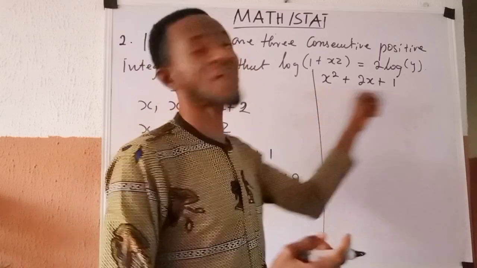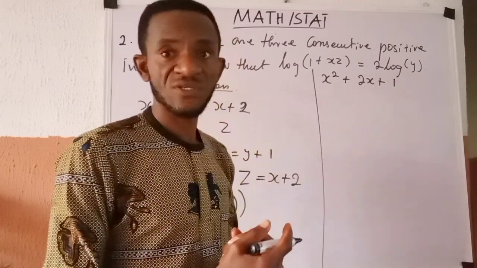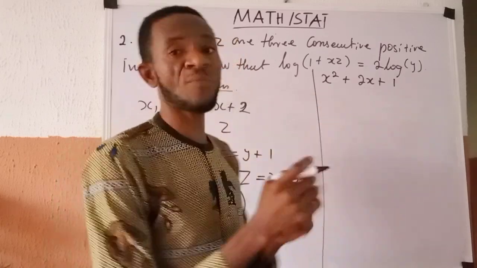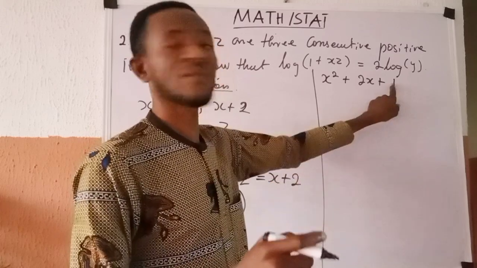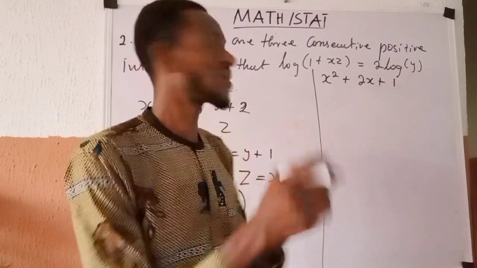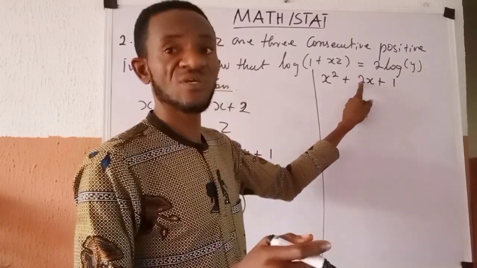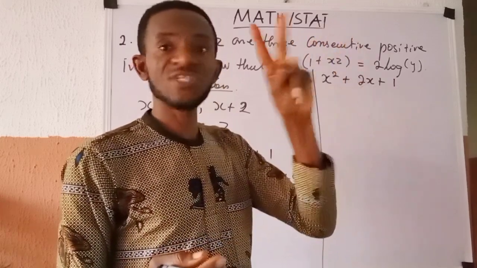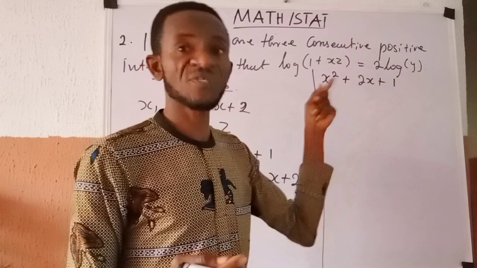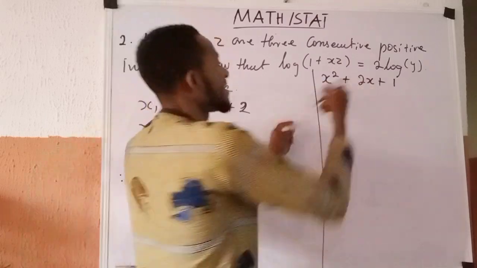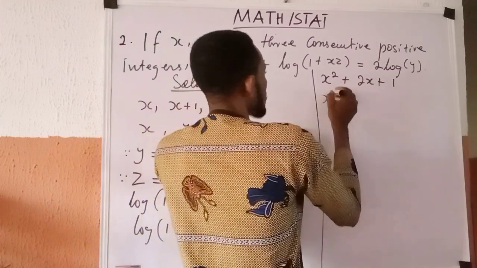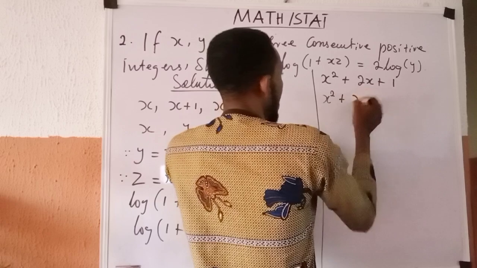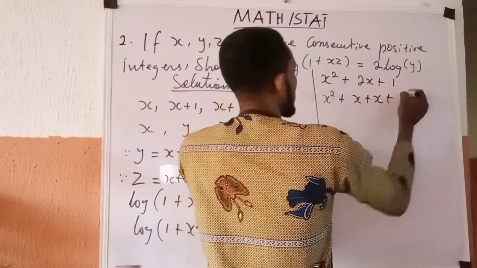And for us now to factorize a quadratic expression, we are going to look for two numbers which multiply to give us 1, but when we add the two numbers together, we get 2. Those two numbers are 1 and 1. 1 times 1 is 1, but 1 plus 1 is 2. So I can then write this expression as x raised to power 2 plus x plus x plus 1.